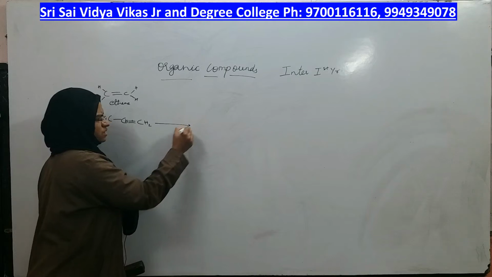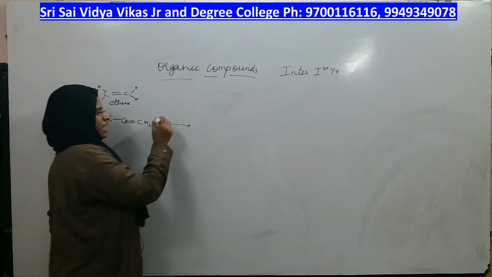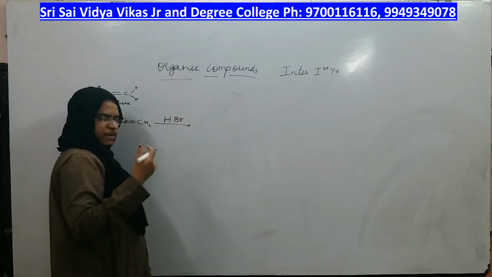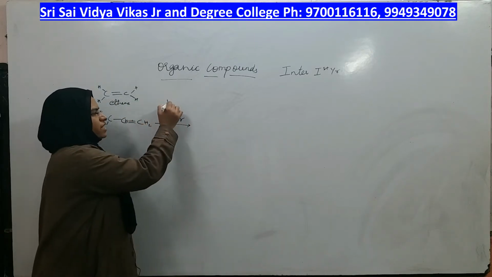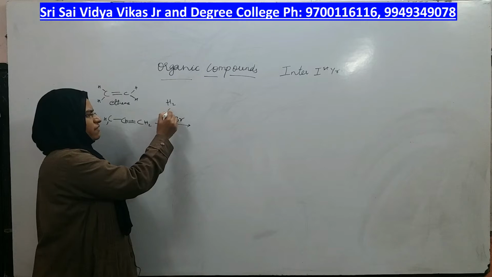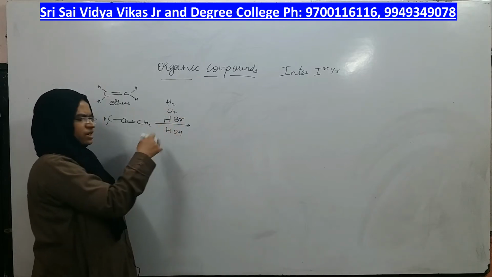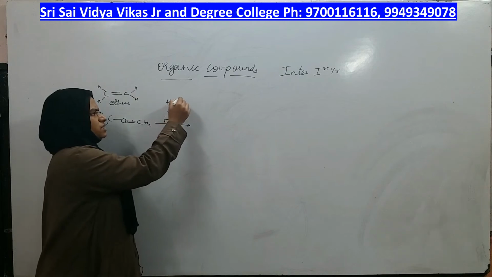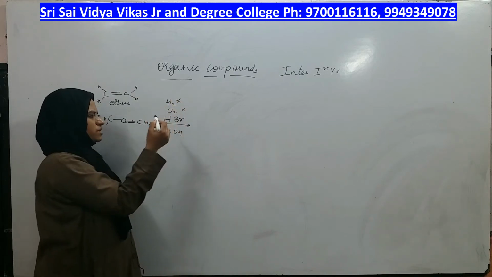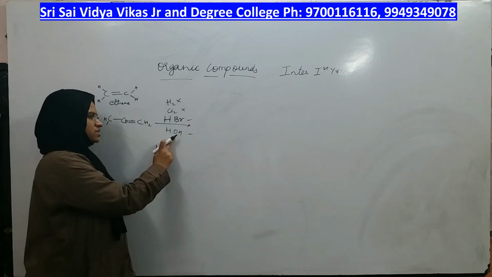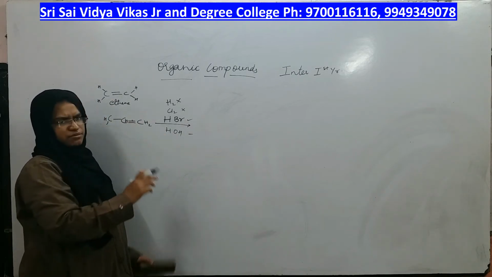When an unsymmetrical alkene is added with an unsymmetrical reagent, we have added so many reagents. We have added hydrogen gas as a reagent, we have added Cl2 as a reagent, we have added water as a reagent, and so on, right? This is symmetrical, this is also symmetrical, no problem. But these two are unsymmetrical reagents and the alkene is also unsymmetrical.